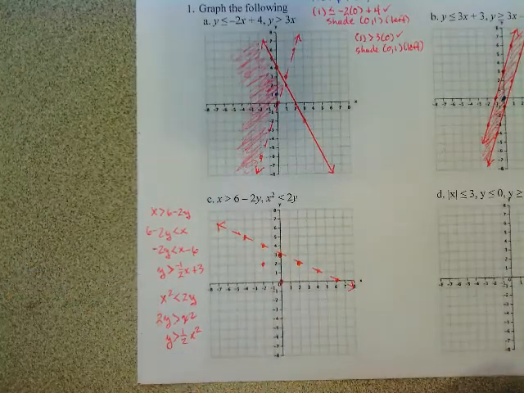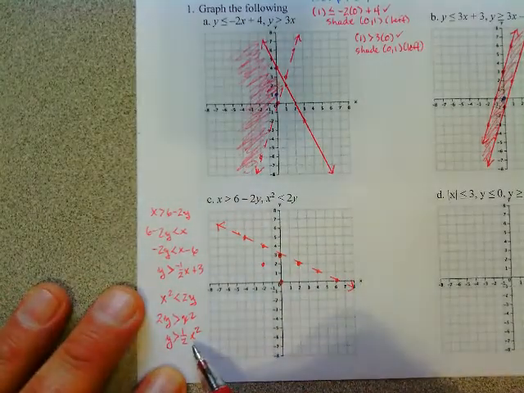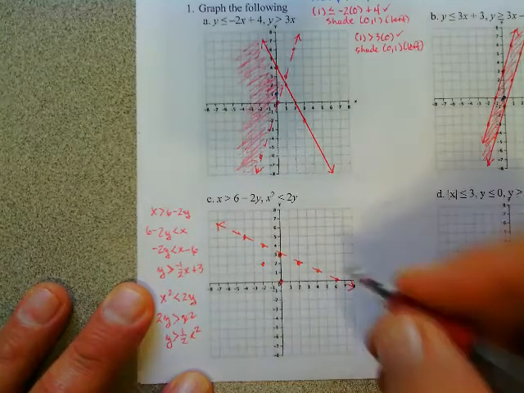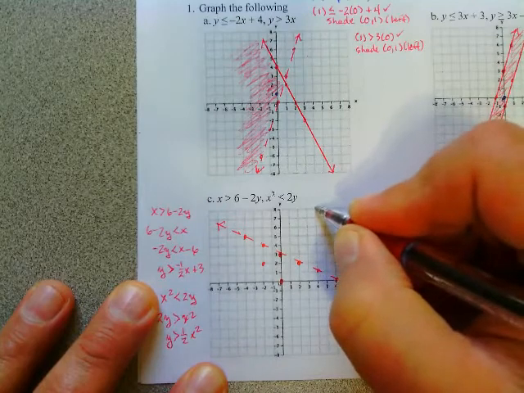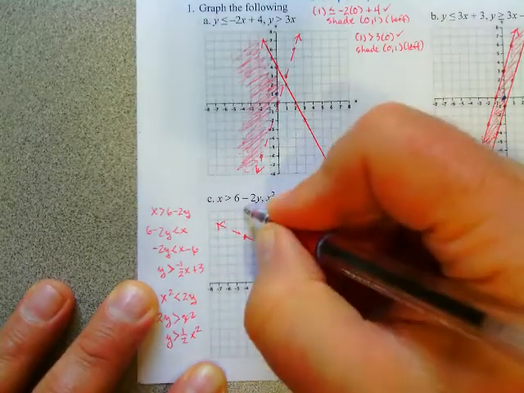Let's go to 4. So 4 squared is 16. Half of 16 would be 8. So 4 is going to be 8. So that would be right here. And negative 4 would be right there.